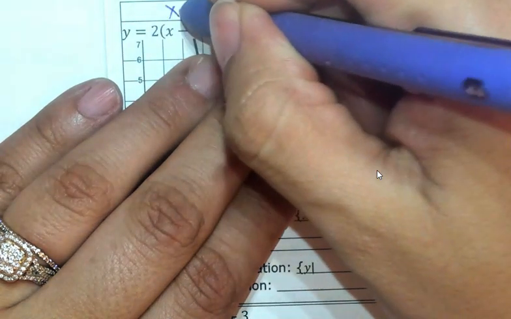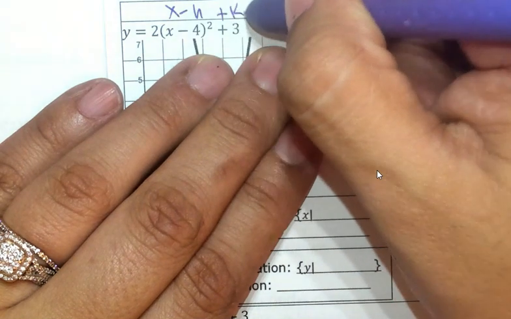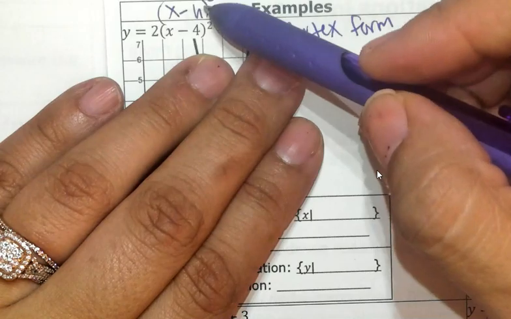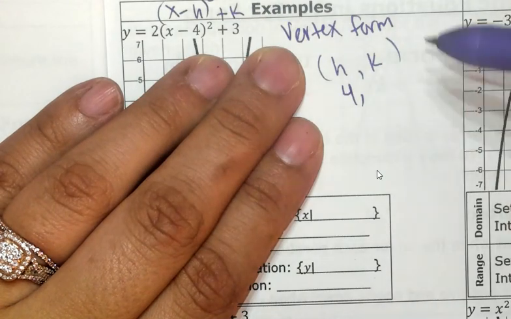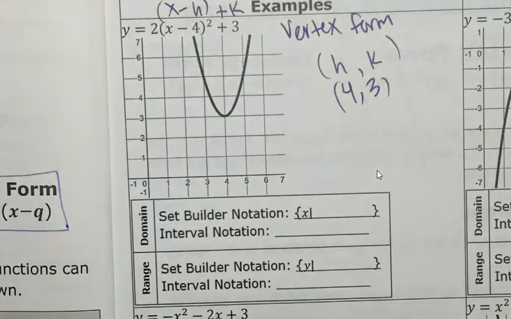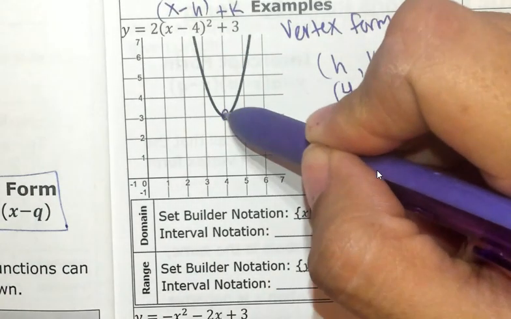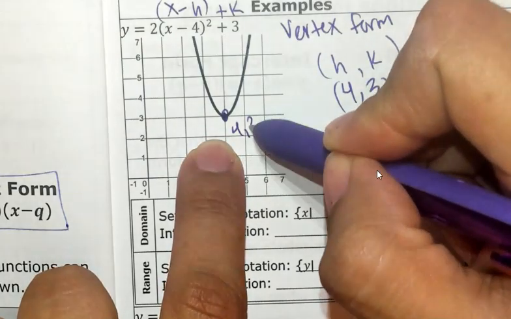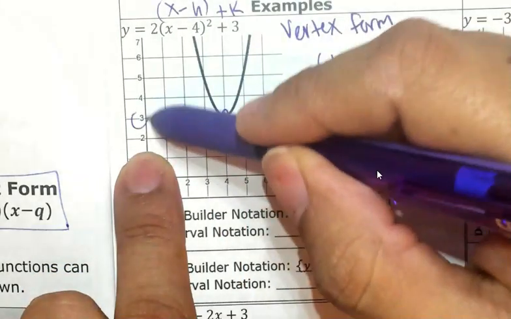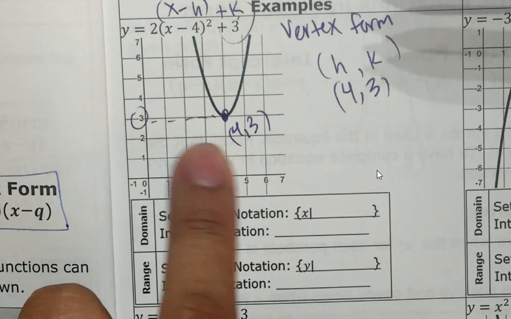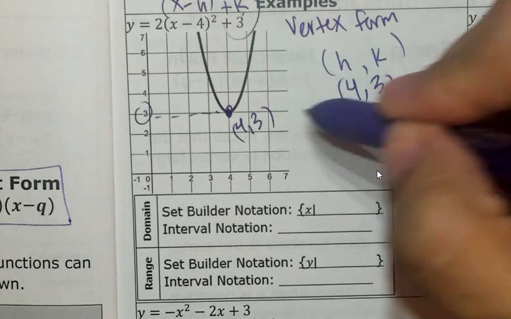So it's x minus h, plus k. x minus a number, x minus h, that means your h is 4 and your k is 3. So with that in mind, notice that that is correct, 4 to the right, 3 up. Now we can identify that our minimum is that k value, that 3. So that is your minimum.